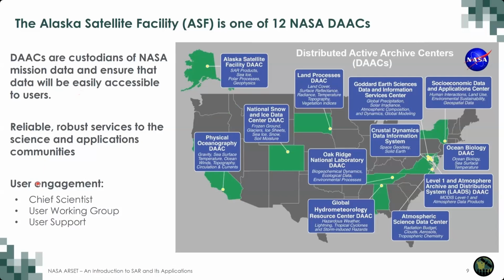This is close to an advisory board that works with ASF to make sure that we are providing good services to the community. And of course, ASF also has a user support group that is working with you, is answering your questions, does trainings, etc., to the community.